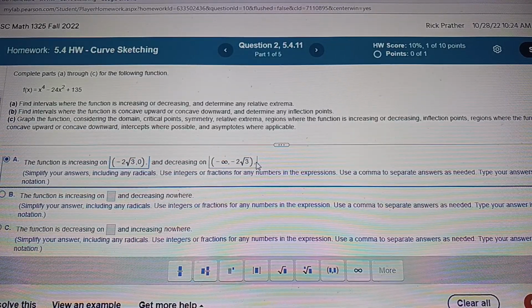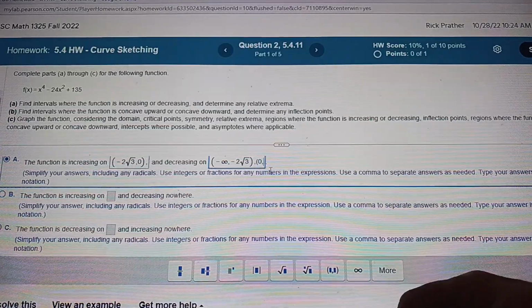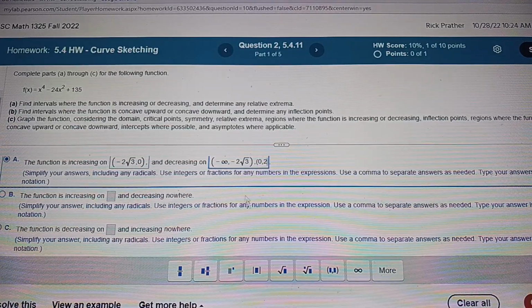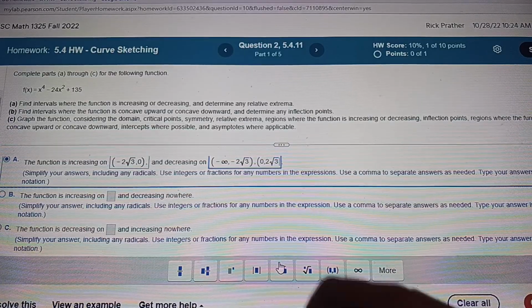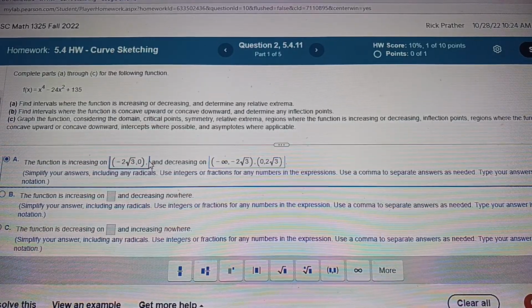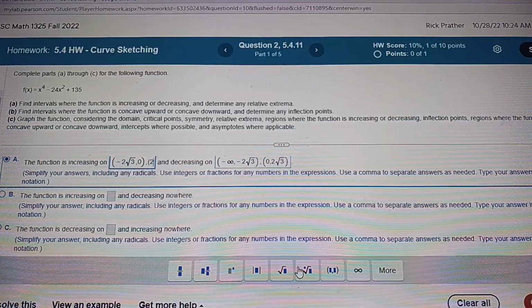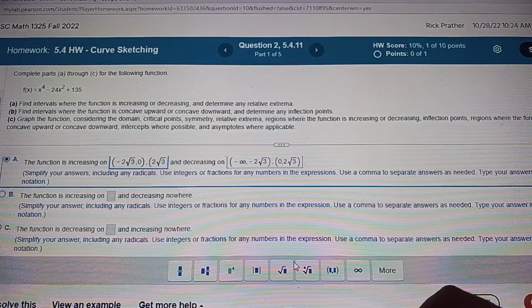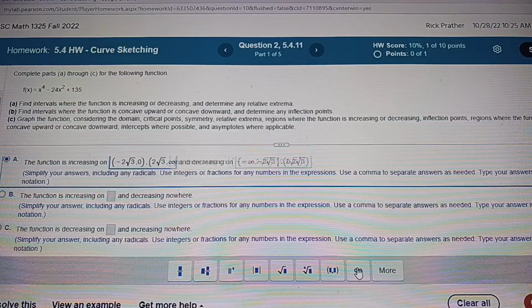Then from 0 until 2 square root of 3, it was decreasing again. And then from 2 square root of 3 until infinity, you're increasing again. So 2 sections of increasing, 2 sections of decreasing.